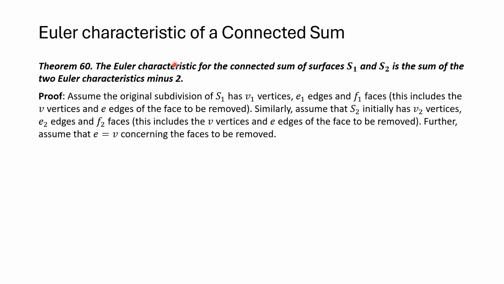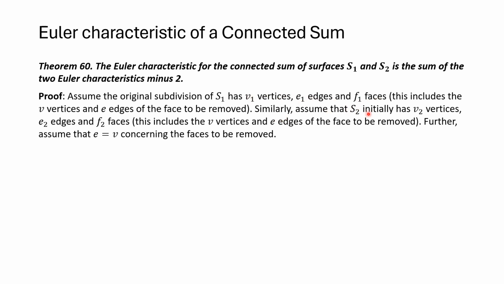We can prove that. So let's say we have surface S sub 1, and we have the vertices, edges, and faces here, V sub 1, E sub 1, F sub 1, and we include the vertices and edges of the face to be removed in this count.